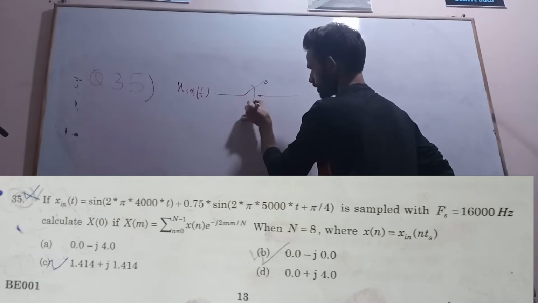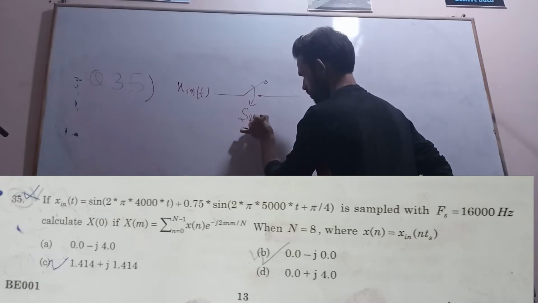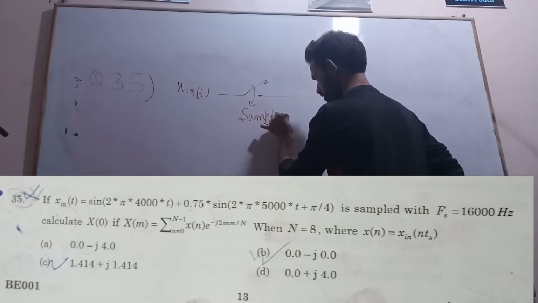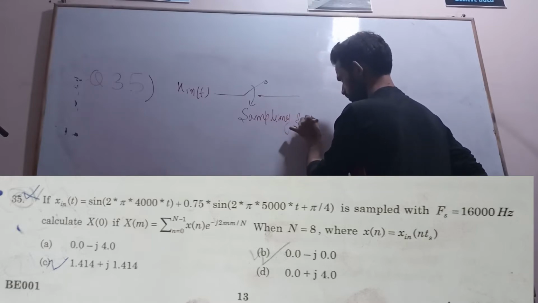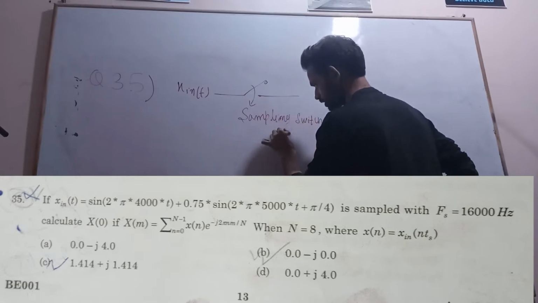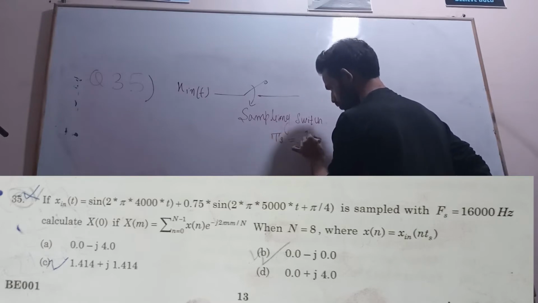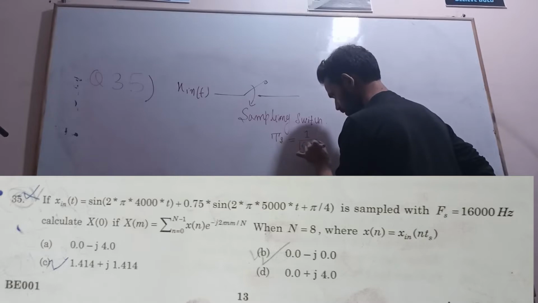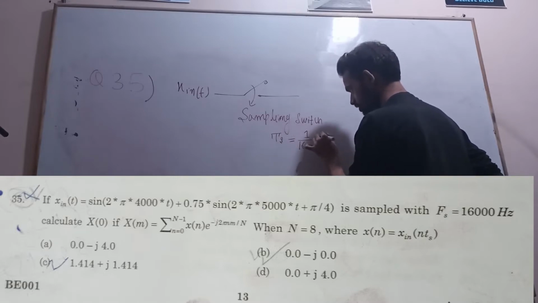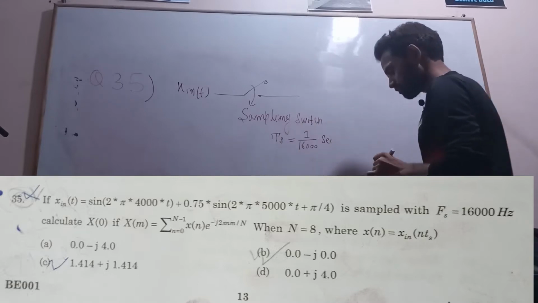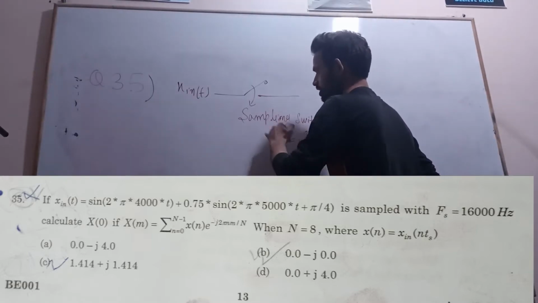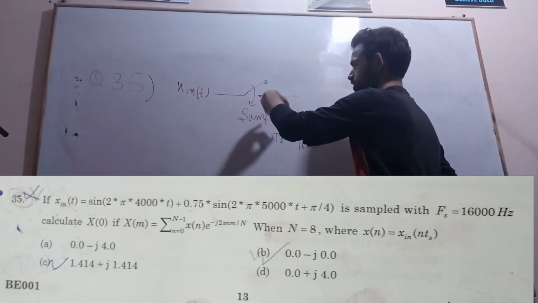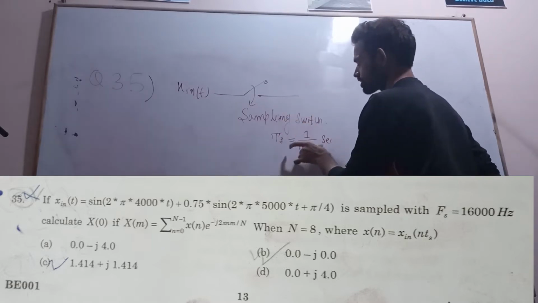This is my sampling switch, with sampling interval Ts of 1 by 16,000 second. For this duration, the switch is on and off.